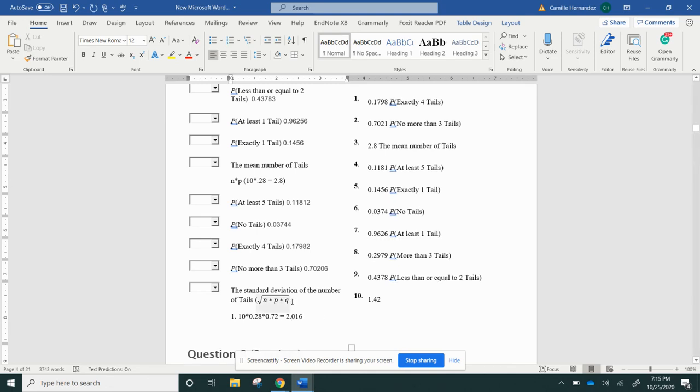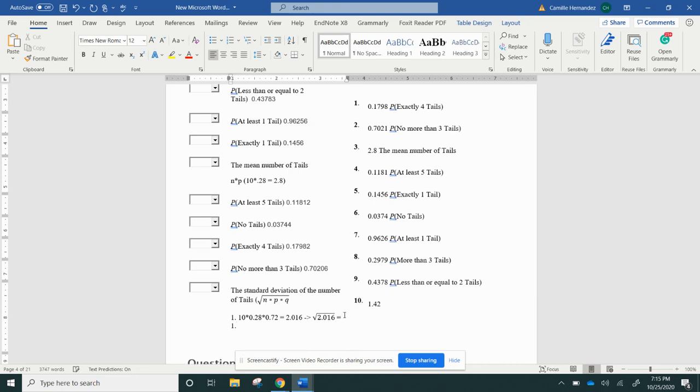And if I take the square root of it, I get 1.42. Okay, so that's my answer. So this 1.4 right here is the standard deviation of the number of tails.